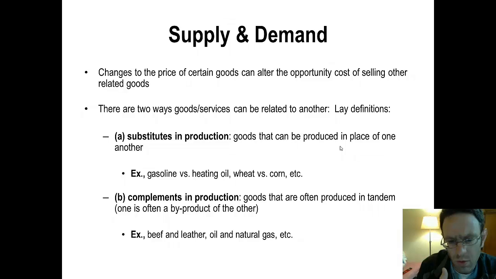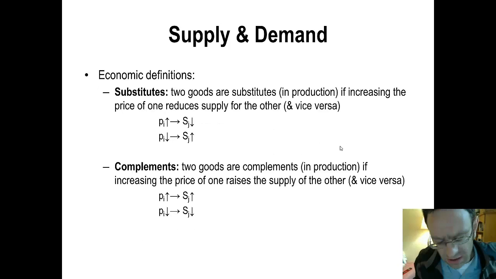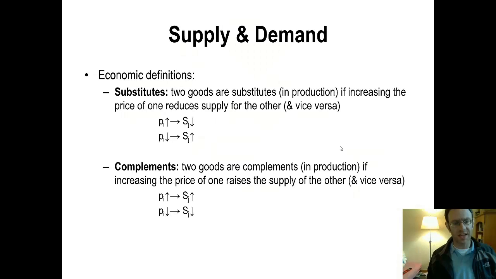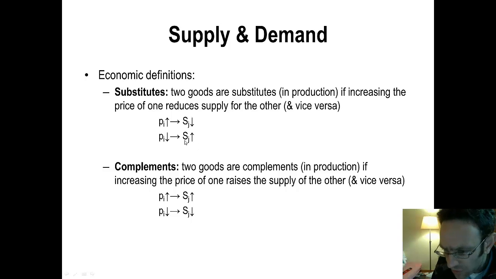So, cattle ranchers, when they produce beef, are also producing leather. Using more economic definitions, we can think of substitutes in production, and we can identify them when a price increase in one commodity, I for instance, leads to a decrease in the supply of commodity J. And conversely, a decrease in the price of commodity I leads to an increase in the supply of commodity J. We'll do an example shortly.